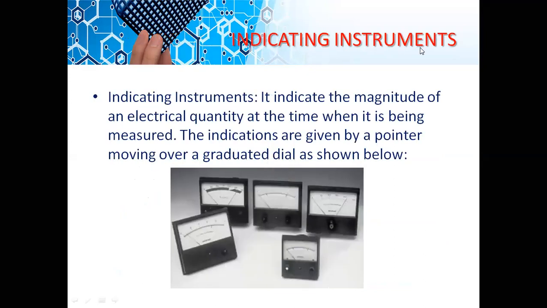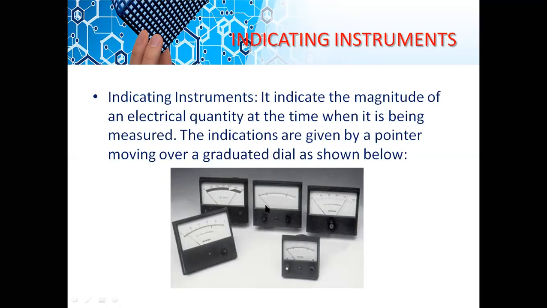What is an indicating instrument? Indicating instruments indicate the magnitude of the electrical quantity at the time when it is being measured. Indications are given by a pointer moving over a graduated dial as shown below. So this is what I have drawn in the earlier slides. This is the display and this is the pointer.